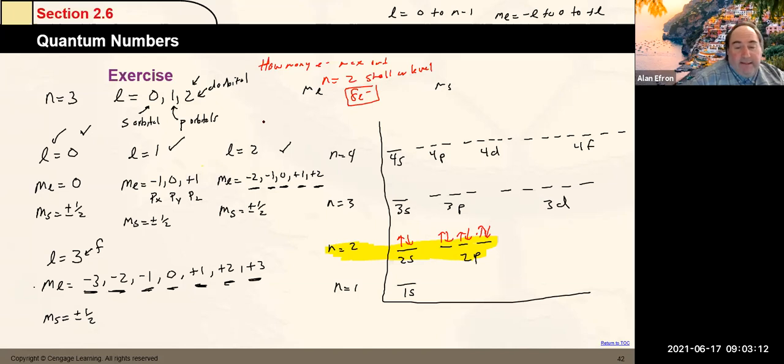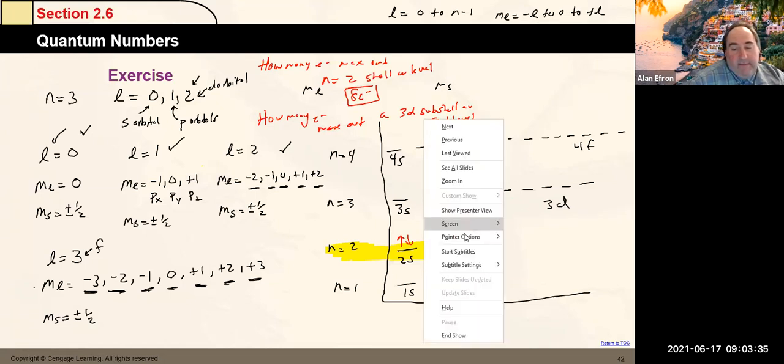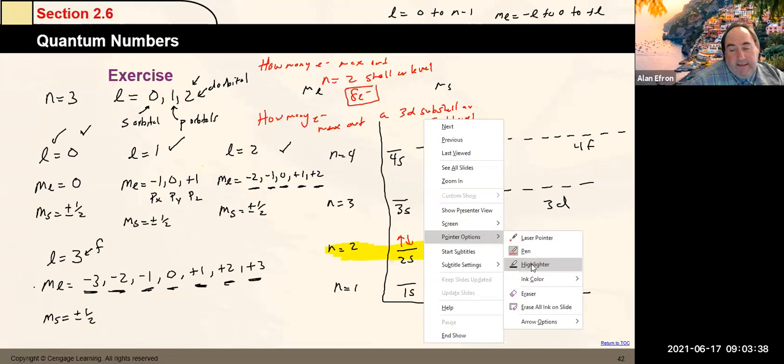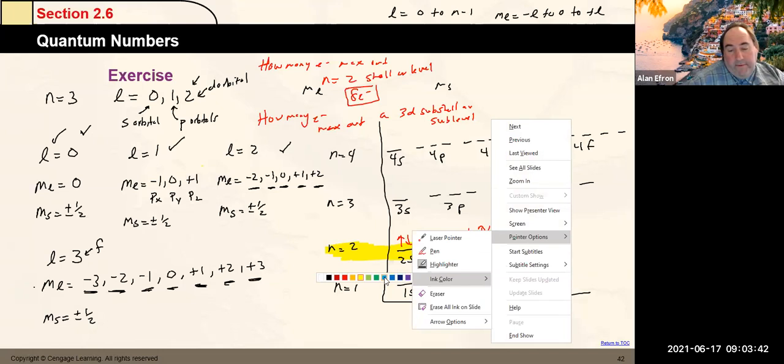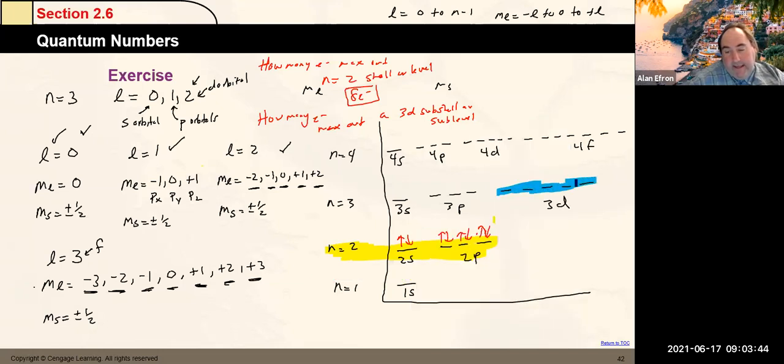If I ask how many electrons to max out a 3d subshell or sublevel, the 3d would be over here. A subshell or sublevel means that we are taking the entire set of orbitals within that, which would be all these guys.